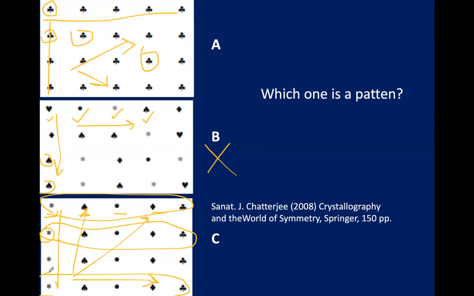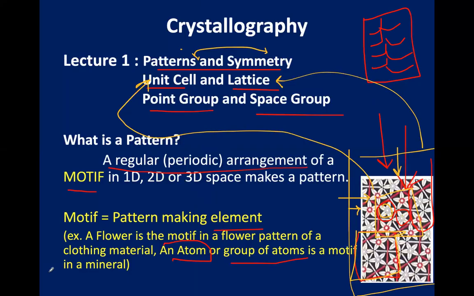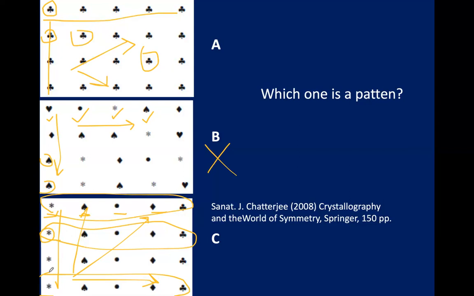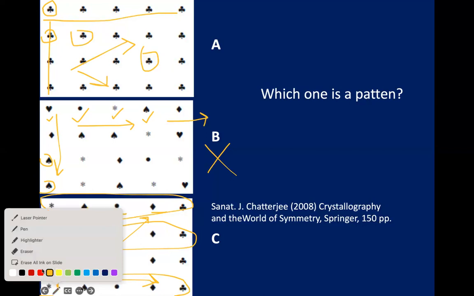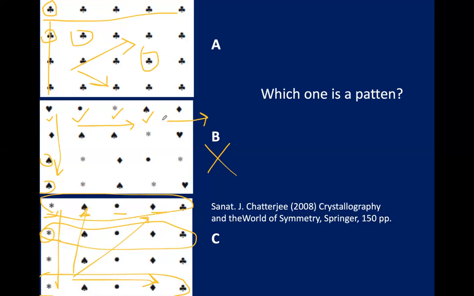Okay. So those are the patterns, right? And this material does not make any symmetric arrangement. You don't see any symmetricity there. In the second case, B, no symmetric arrangement.